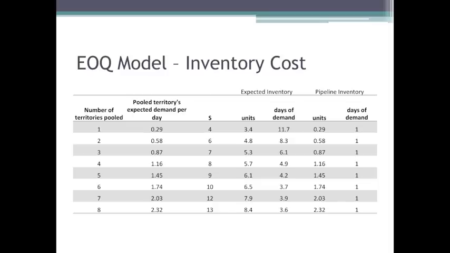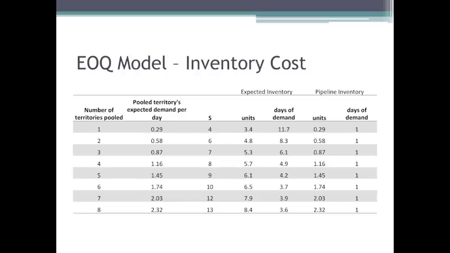So what happens by pooling this inventory? We serve the customer as much as we did before, same service level as before. But because the standard deviation doesn't increase at the same rate as the mean, in this case, we go from having almost 12 days of demand in inventory down to 6 days of demand.